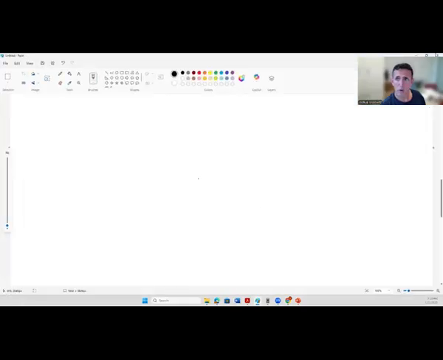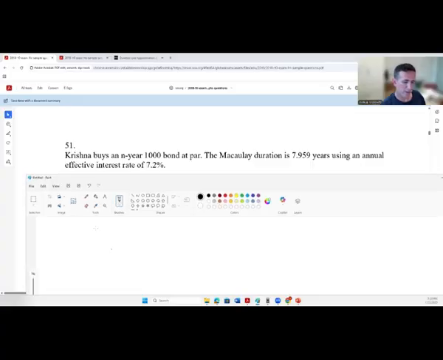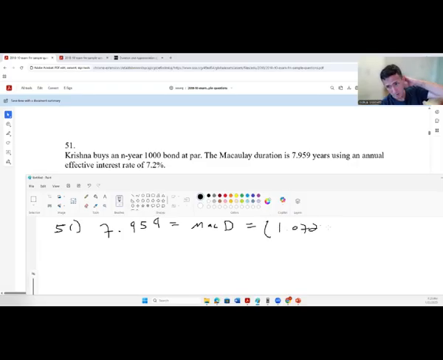So just like before, I need to get the modified duration, and we do that just like before. 7.959 is the Macaulay duration. The original interest rate here is 7.2%, so 1 plus that as a decimal, 1.072.